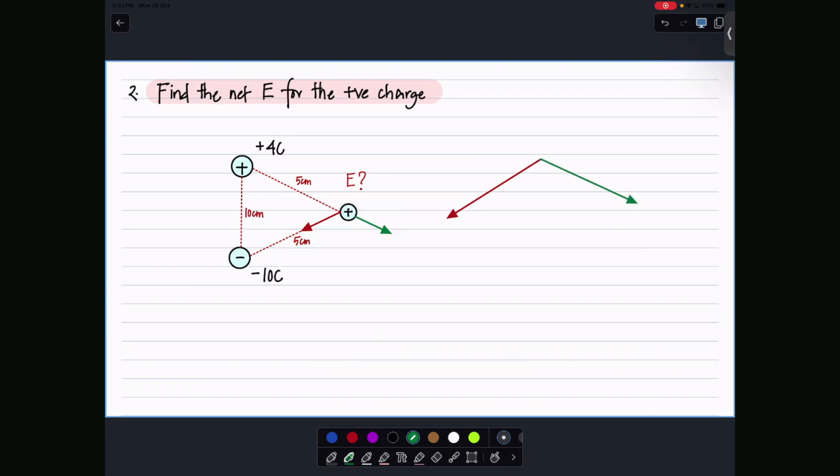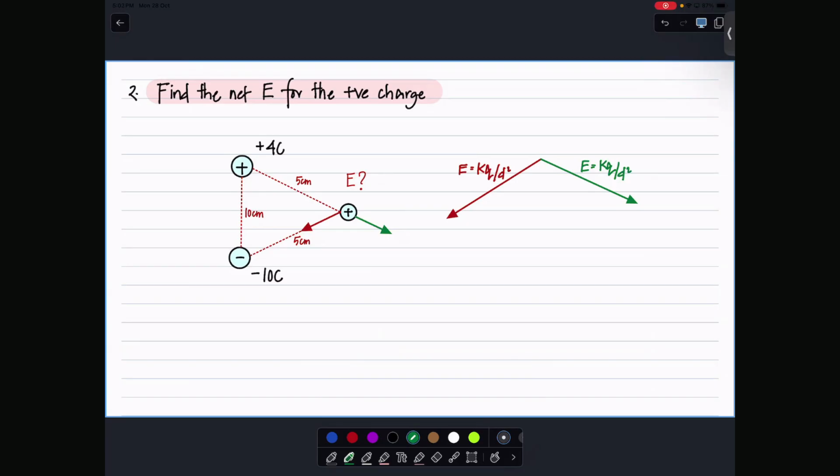You can find the values of these vectors. How? What is the formula for electric field strength for a non-uniform charge? E equals k Q by d square. E equals k Q divided by d square. And now you need to find out what these two vectors are. Resultant, right?